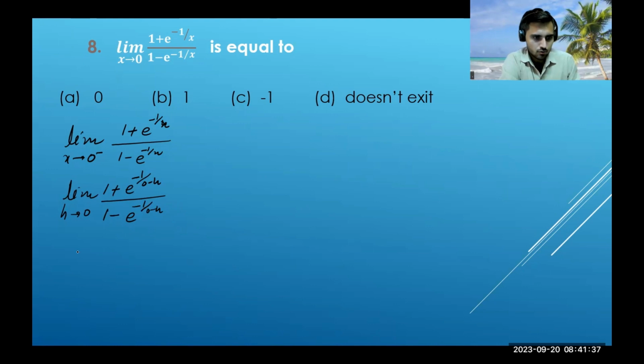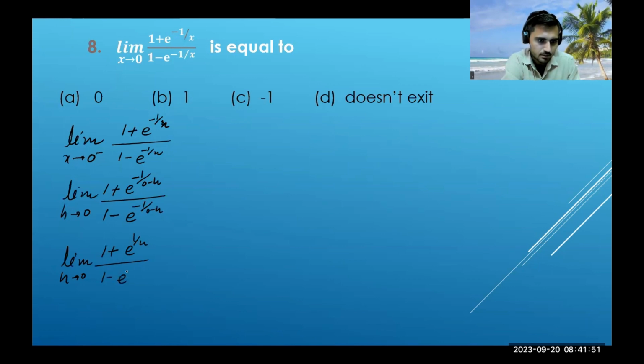So now limit h tends to 0, and we have 1 plus e raised to the power 1 upon h, and 1 minus e raised to the power 1 upon h. If we put the limit directly here, 1 upon 0 becomes infinity, e raised to the power infinity, so we'll get infinity upon infinity form. It's an indeterminate form.